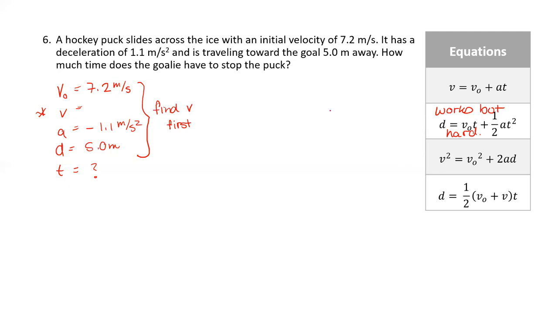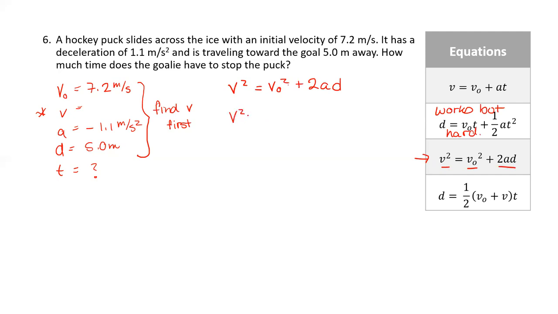So what can we use using this information to find v? Well, this one uses final velocity, initial velocity, acceleration, and distance. So I'll use this equation to find velocity first. So this is a two-step question. Velocity squared is equal to initial velocity squared plus 2ad.